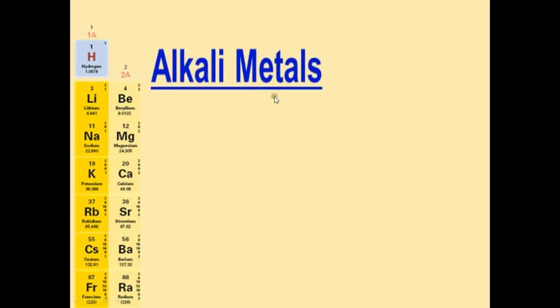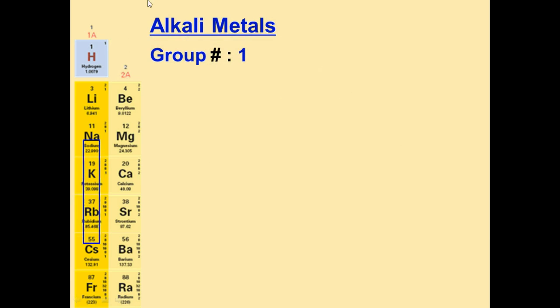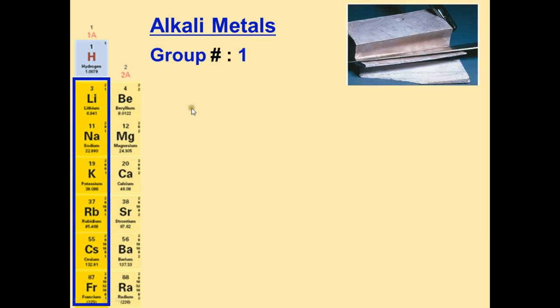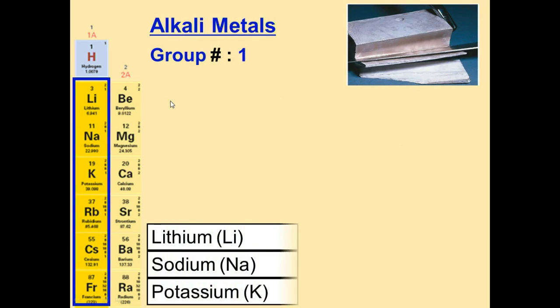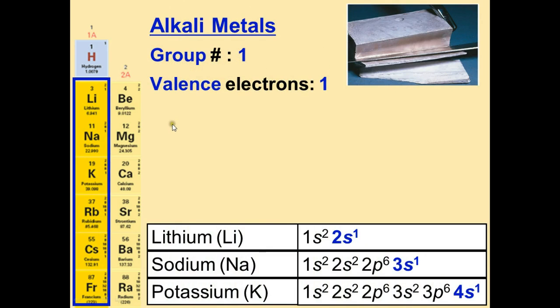And so here are some common unique groups. The first group is called the alkali metals, and they're group 1. Because they're in group 1, they have one valence electron, and you can see on these electron configurations the highest energy level has 1 as their exponent, so 1 energy level, 1 electron on their highest energy level.